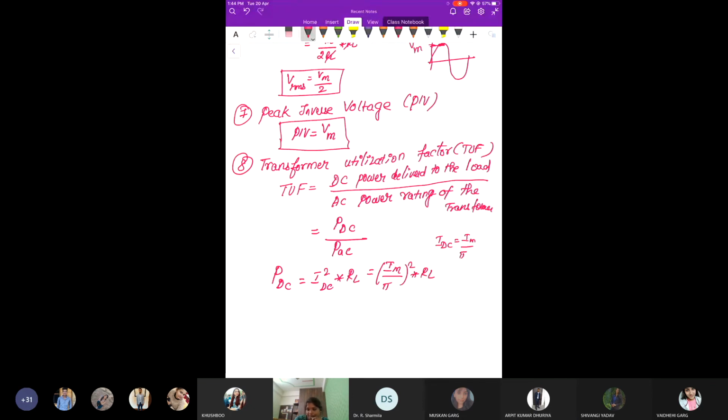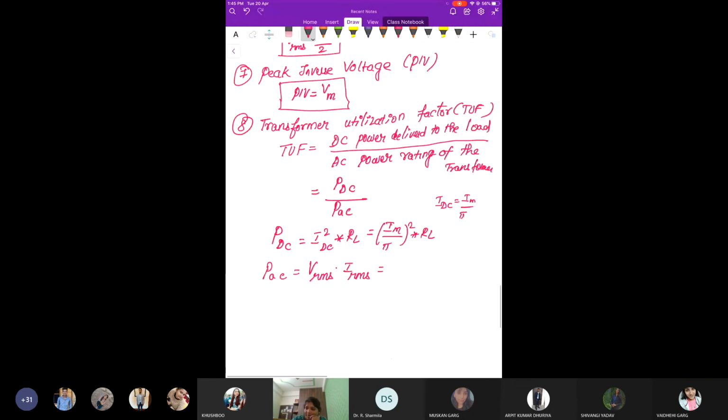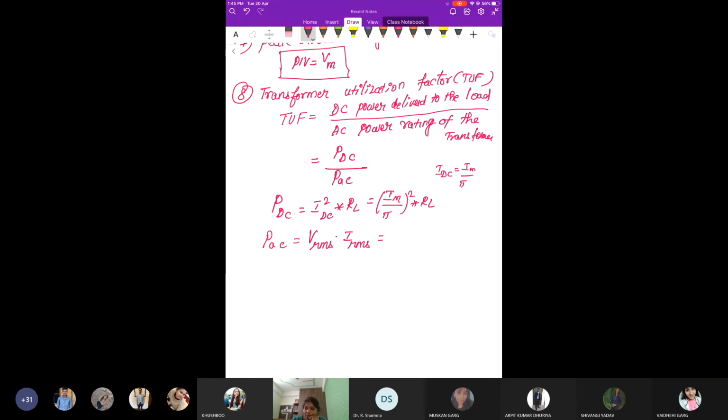Similarly, next you have to write the AC power rating, that is nothing but VRMS into IRMS. What is the meaning of Vm? Vm is nothing but your peak voltage. The peak voltage is converted into the RMS value by dividing that value by root 2.